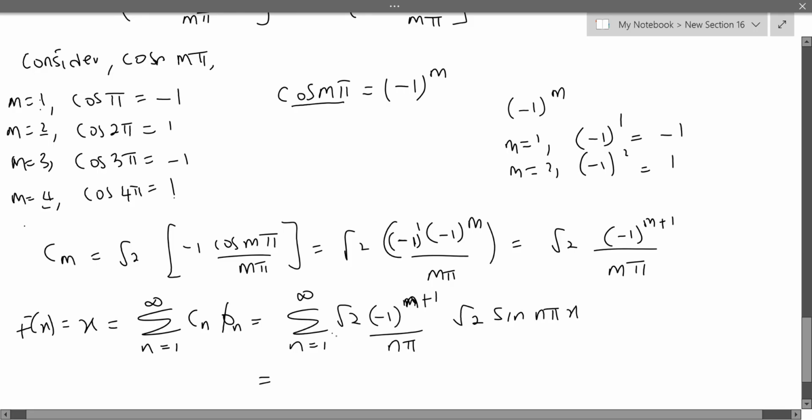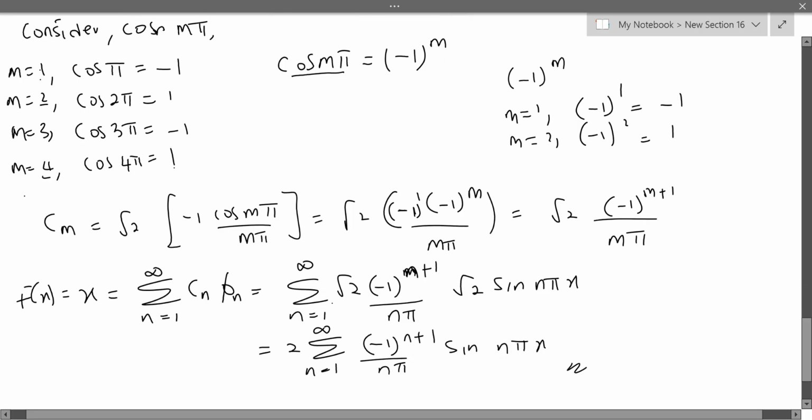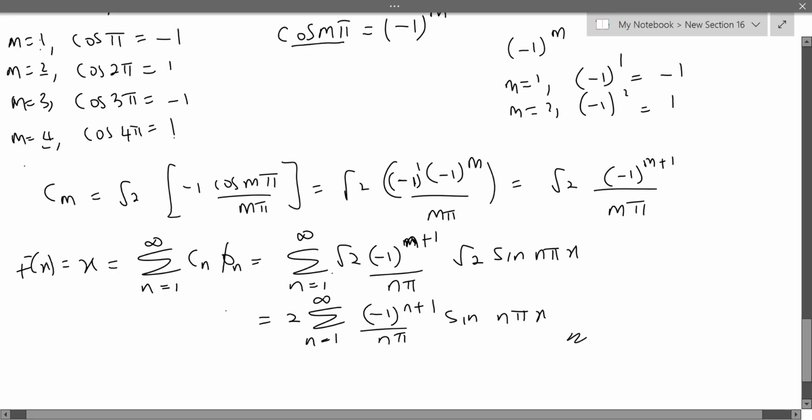So if you multiply root 2 times root 2, you get 2. That 2 can come out of this summation. So you have this, then minus 1 to the power of n plus 1 over n pi, then sine n pi x. So this is f of x. This is x now. So x has been expanded in a series of an orthogonal function.